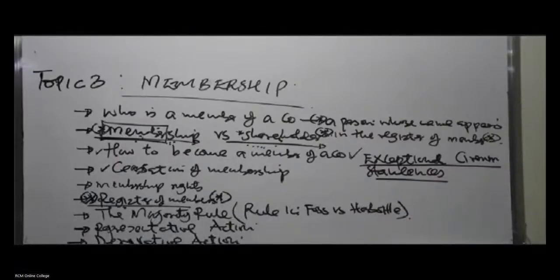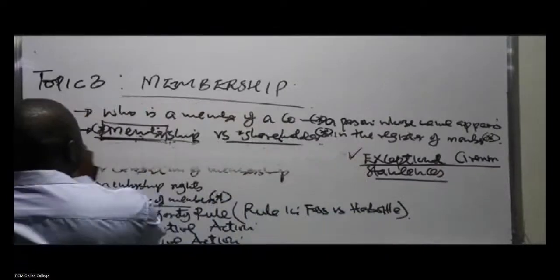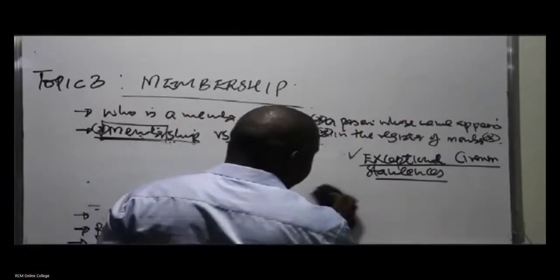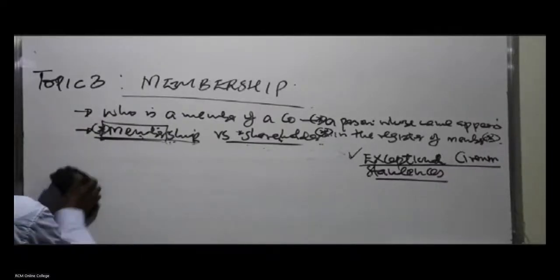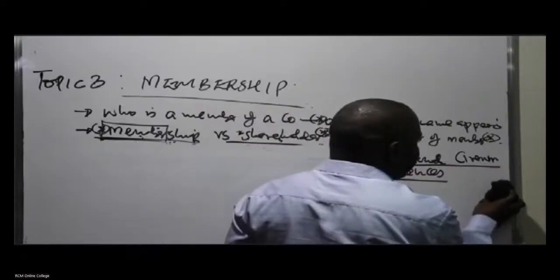We just have members who have agreed to contribute a certain amount towards the assets were the company to be liquidated. So we can have exceptional circumstances where one is just a member and not a shareholder. Or sometimes one is just a shareholder and is not actually a member of the company.